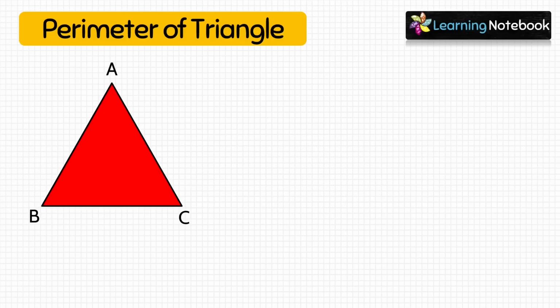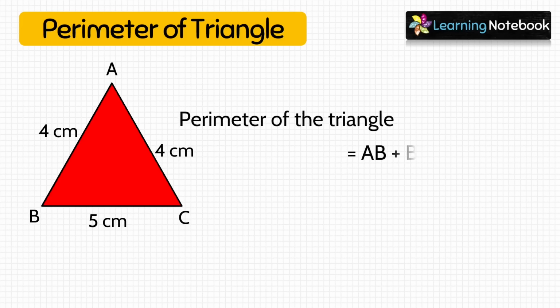Now suppose we are given length of three sides of this triangle, that is AB equal to 4 cm, BC equal to 5 cm and CA equal to 4 cm. So how do we calculate its perimeter?